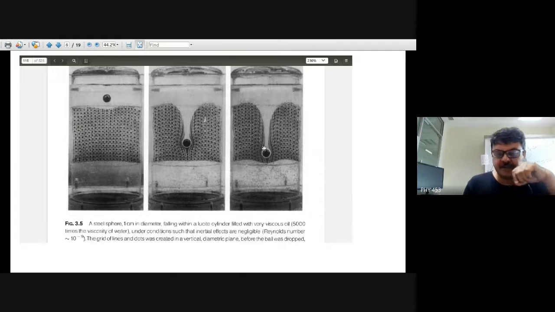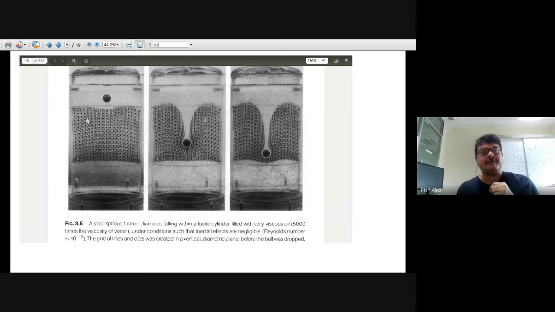How does one visualize it? This is from the book Physical Hydrodynamics by the four authors. What is shown here is a printed ink pattern in between a fluid.